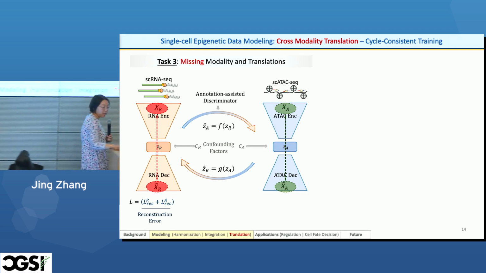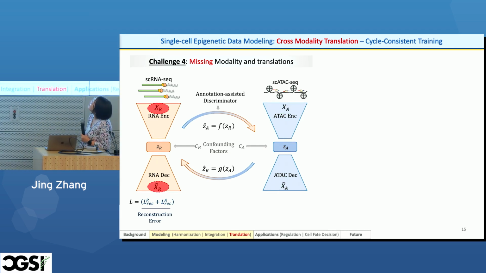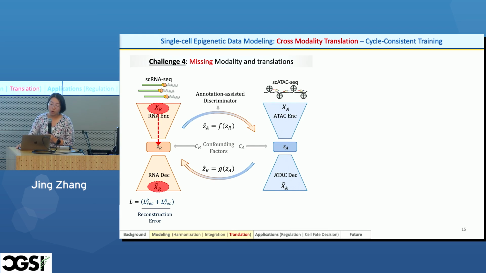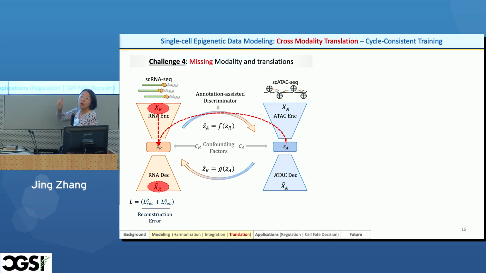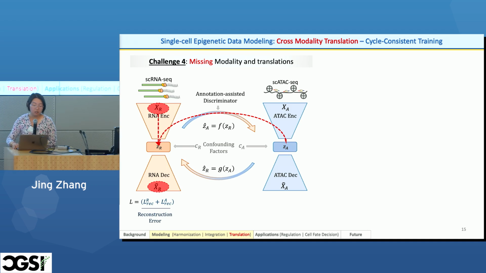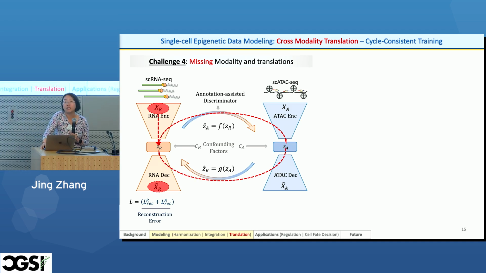In the second step, we let the RNA modality go through the RNA encoder, and we get its latent representation. We train a neural network to project it into a different modality. After we project it into a different modality, we then project it back and use a decoder function to reconstruct the RNA. And then we are connecting the RNA with ATAC.